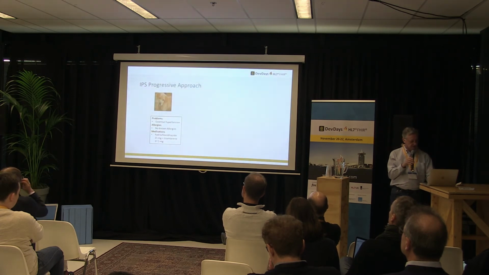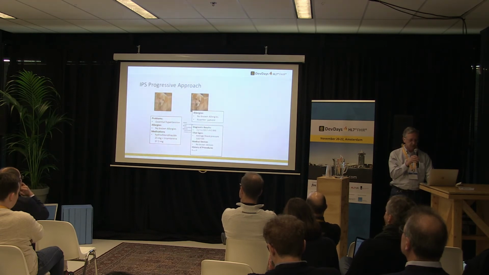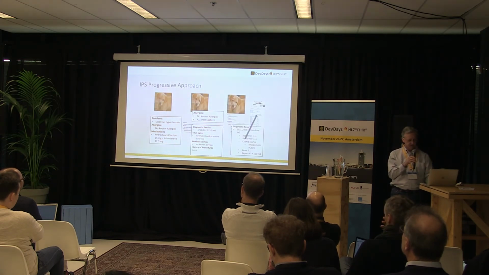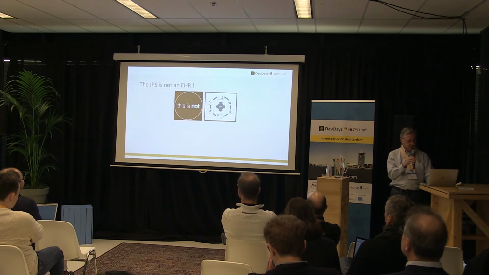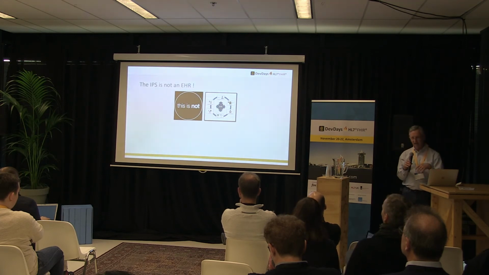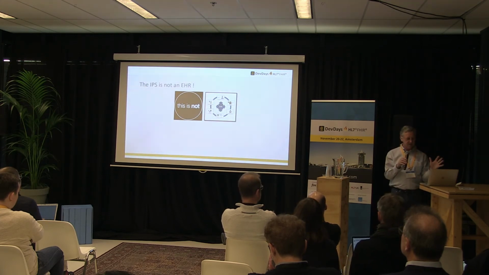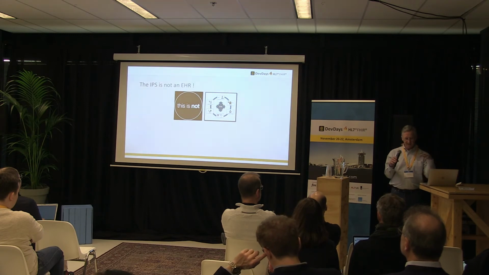All right. So this slide just has some examples of how data might get added. I'm not going to go through the details here, but you start with some basic data, then you add some additional data elements, and you expand from there. But an important fact to keep in mind is that we're scoping it. The IPS, the International Patient Summary, is not the EHR.